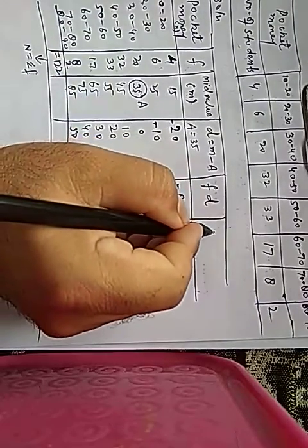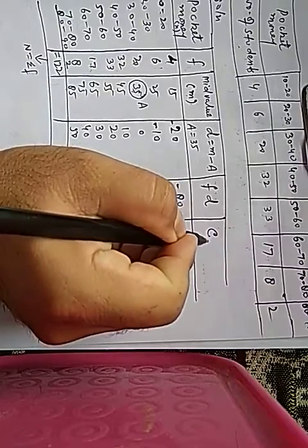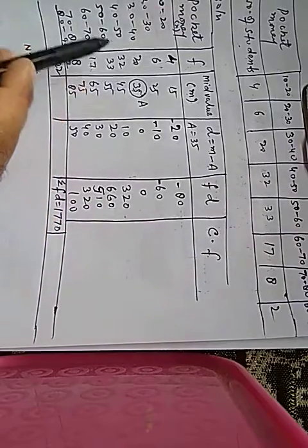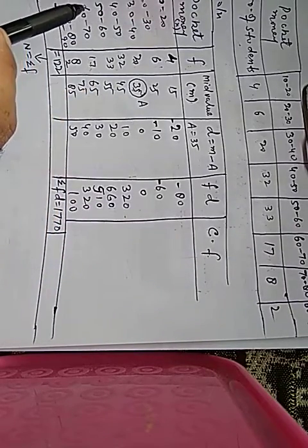Now we also have to calculate the value of the median. In that case, we need the values of cumulative frequency, CF. Cumulative frequency is the successive addition of these frequencies.